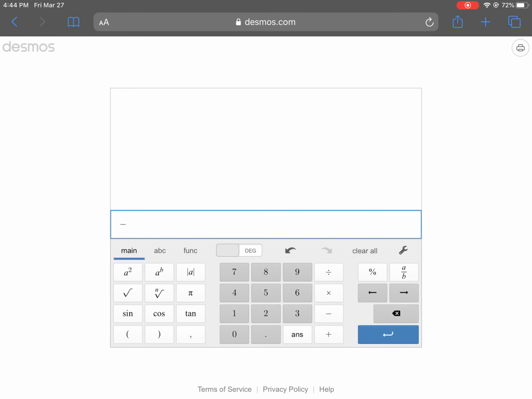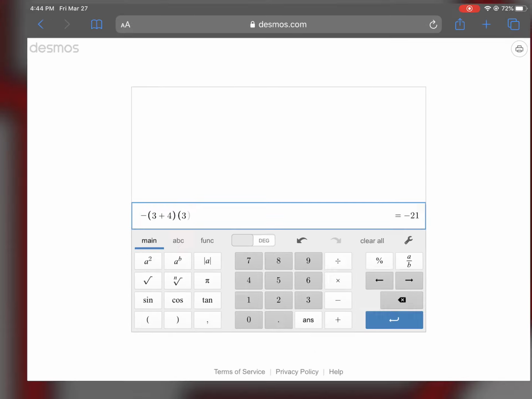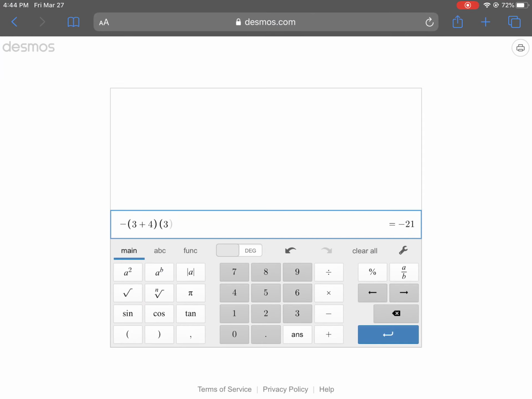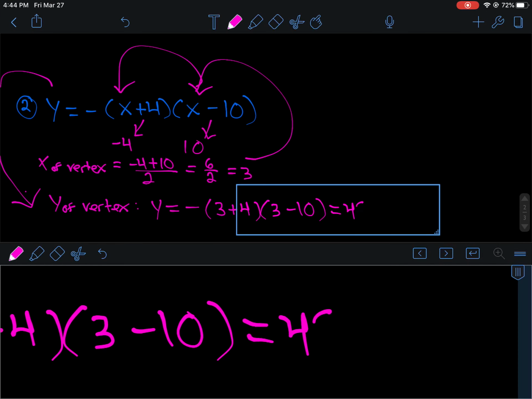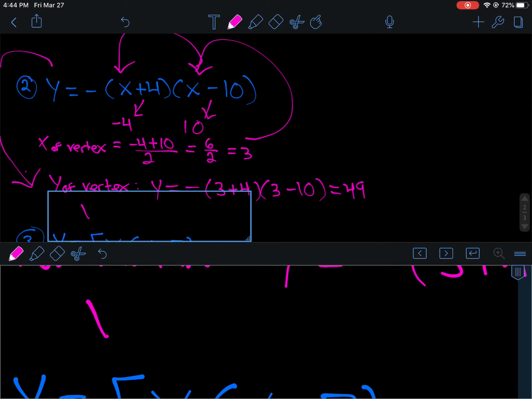Negative, don't forget the negative, 3 plus 4, close it, and then 3 minus 10. And you get an answer of 49. So my vertex here will be 3, 49.